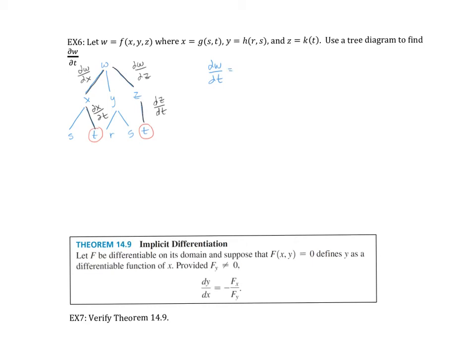The partial of w with respect to t is going to be the partial of w with respect to x times the partial derivative of x with respect to t, plus the partial of w with respect to z times dz dt. Okay, so you can see how powerful these diagrams are.